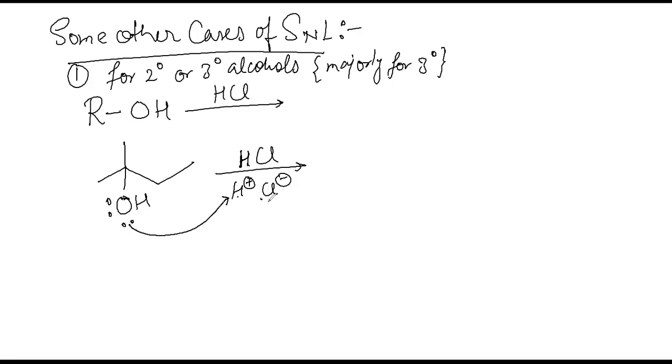Cl minus will not go to the lone pair. Only the lone pair of oxygen will approach H plus. What will we get here? What is this? It is water.